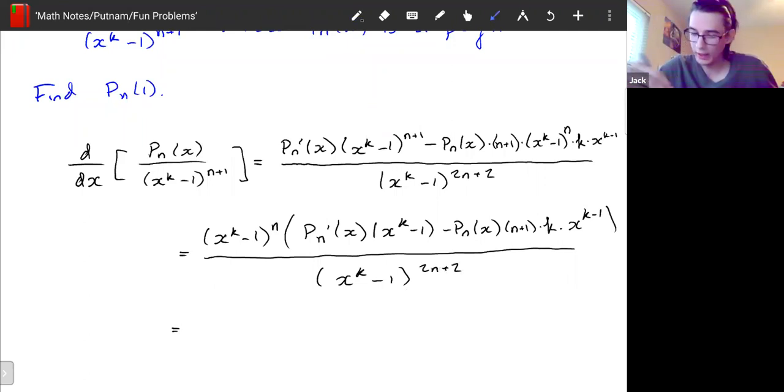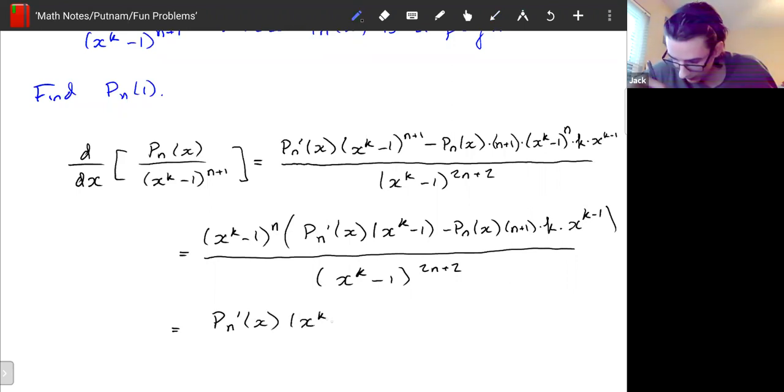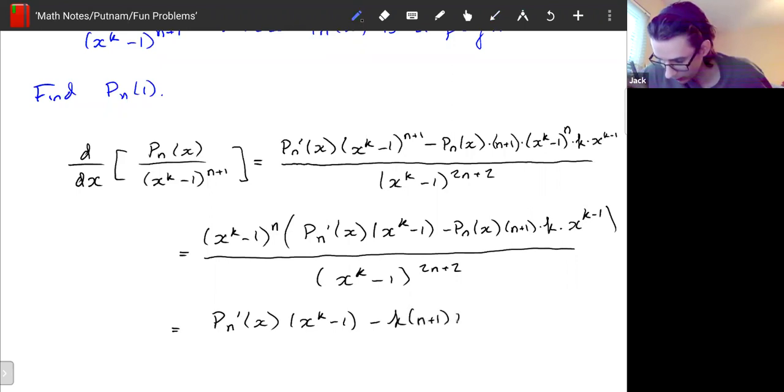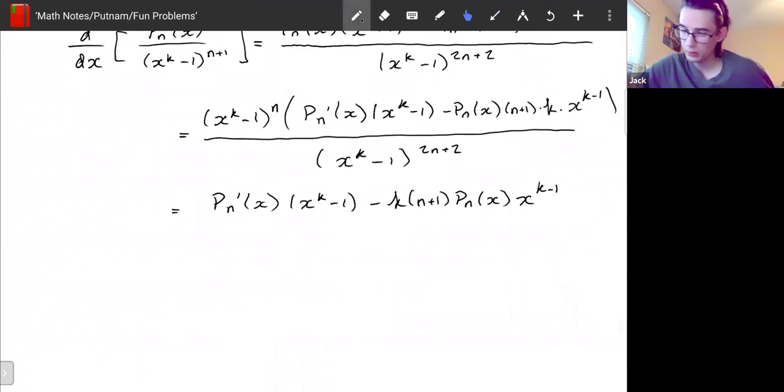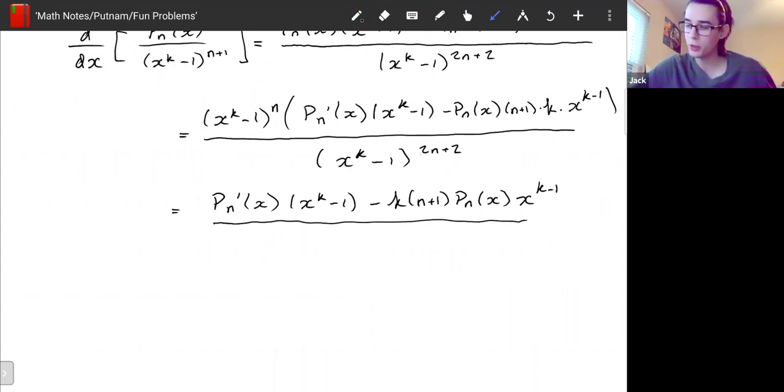Then we cancel this out with our denominator. We get p sub n prime of x times x to the power of k minus 1, minus k times n plus 1 times p sub n of x times x to the power of k minus 1, all over x to the power of k minus 1 to the n plus 2, since we canceled out n from the power.